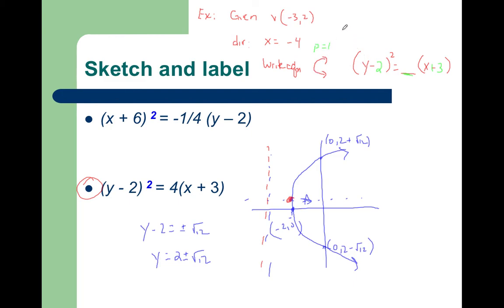If p is equal to 1, then 4p must equal 4. You know it opens right, so 4p is positive, so that's how you would get the 4 there. Okay, so I do that to you on your homework. And also on your homework, one of the questions I don't give you the vertex, I give you the focal point and the directrix to see if you can figure out p.